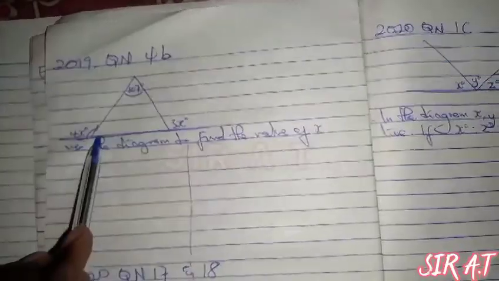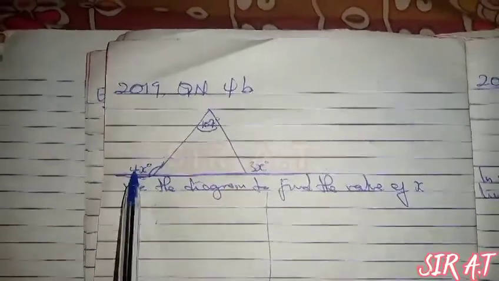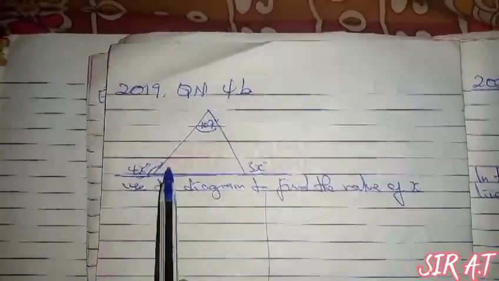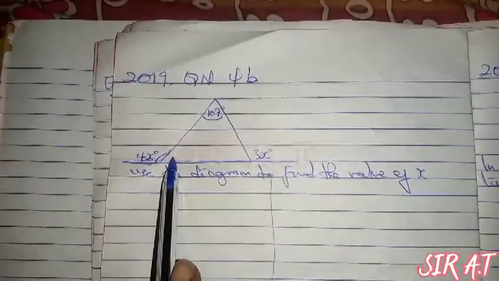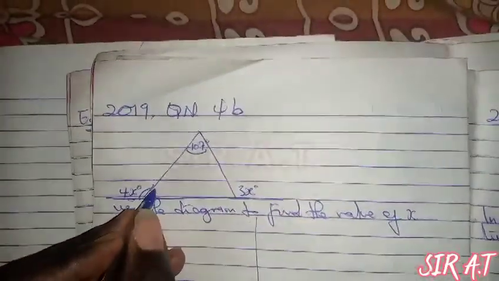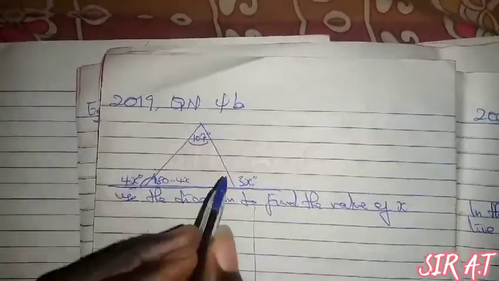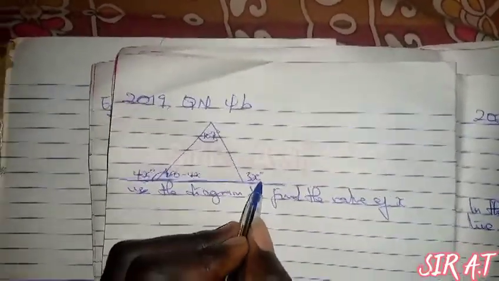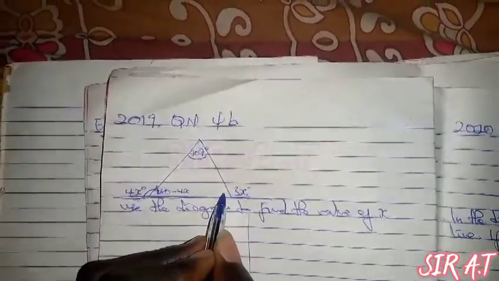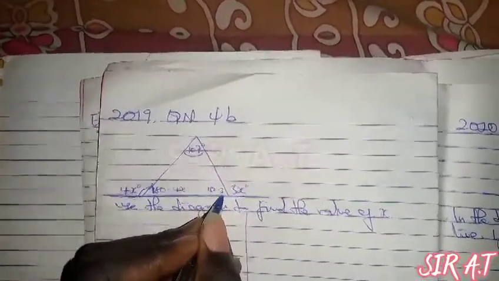You know that this angle is on a straight line. You also know that this angle is on a straight line. So if you have a number here, you subtract it from 180 to get this. So this angle will give you 180 minus 4x. When you come here, this is angle on a straight line, so to get this, you're also going to get 180 minus 3x.